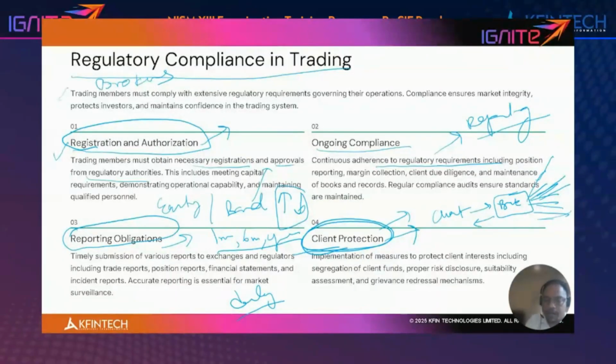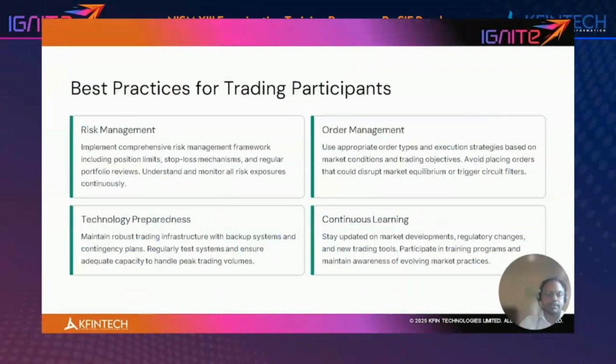It should not happen that the client has paid, say, $10 million or $100 million, and the broker has kept it in his own account. No, the broker cannot keep it in his own account. It has to go to a dedicated client account. So these are some of the things that are required for regulatory compliance.